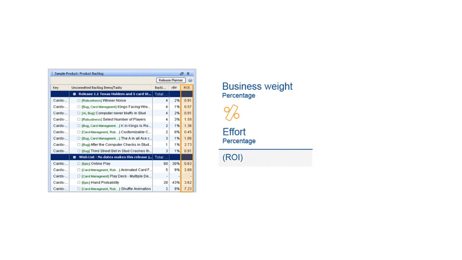The ROI calculation is based on the business weight percentage divided by the effort percentage. When working in the product backlog in the desktop client, you can see the ROI index on the right side. This allows you to easily compare items when making prioritization decisions.